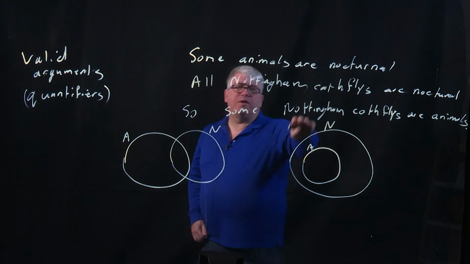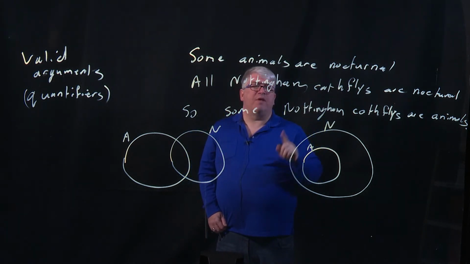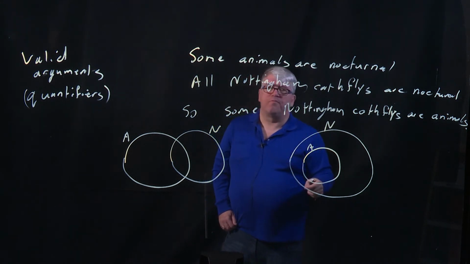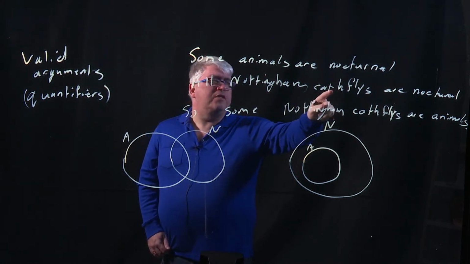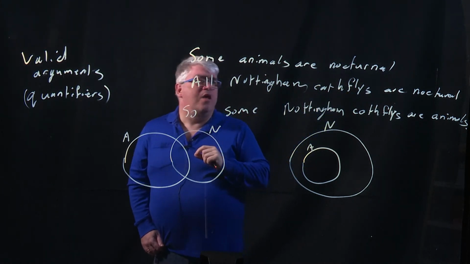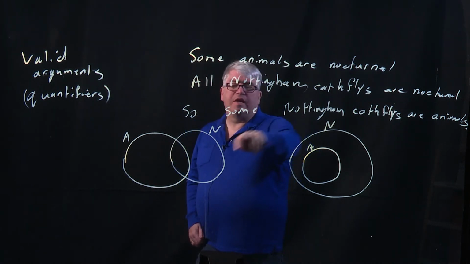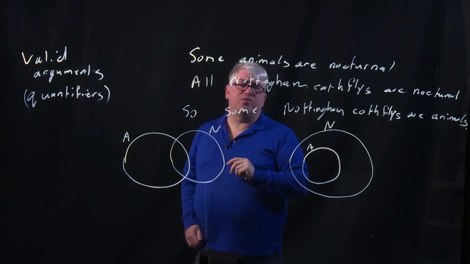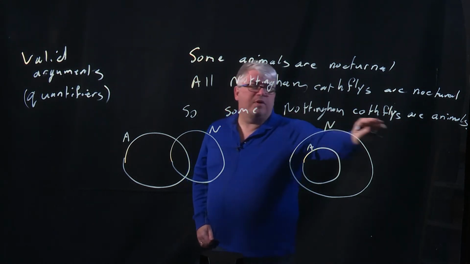Now I have to bring in the second premise. Everything that is a Nottingham catchfly, and I'll use the letter C, is nocturnal. So everything in the C circle has to be in the N circle. Could I possibly draw that, in either one of these cases, in such a way that this statement is false?